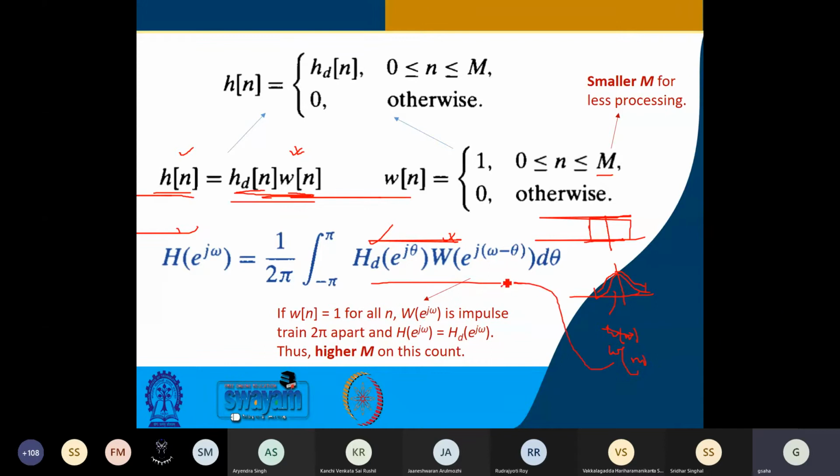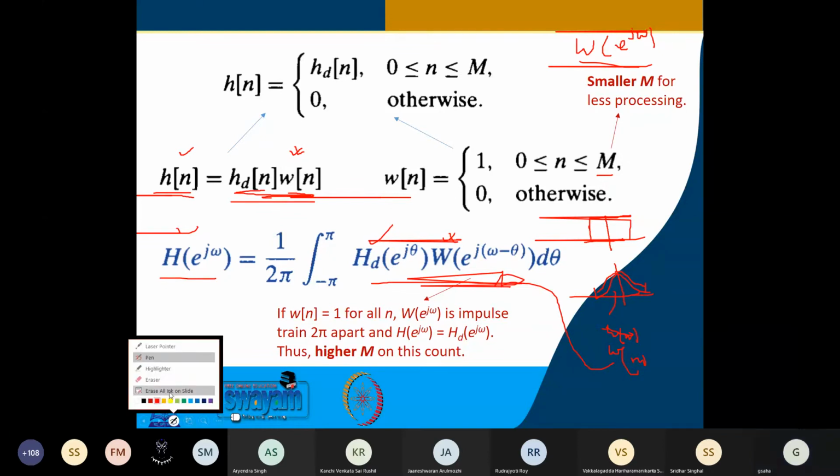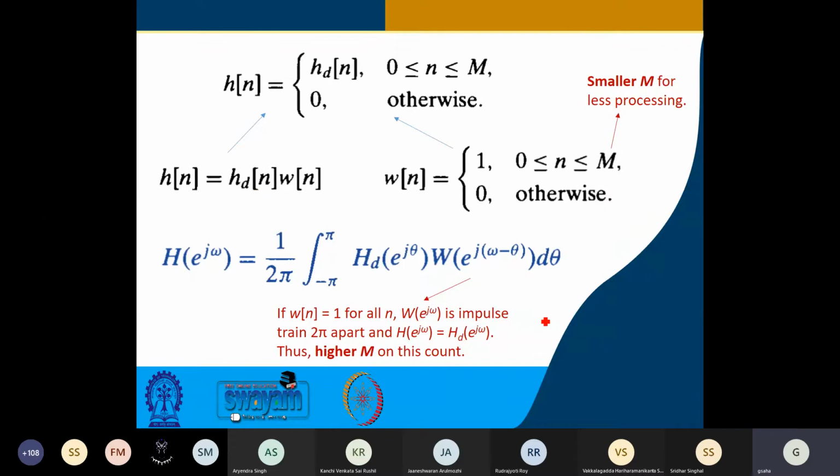So the corresponding W(e^jω) we shall get by DTFT. That W(e^jω) and H_d(e^jω) are convolved, and then we get the final H(e^jω). Okay, is that clear? This is the basic concept, and we might ask you the theoretical part of this in a class test, etc. How it is arrived at, what is the background. Okay.